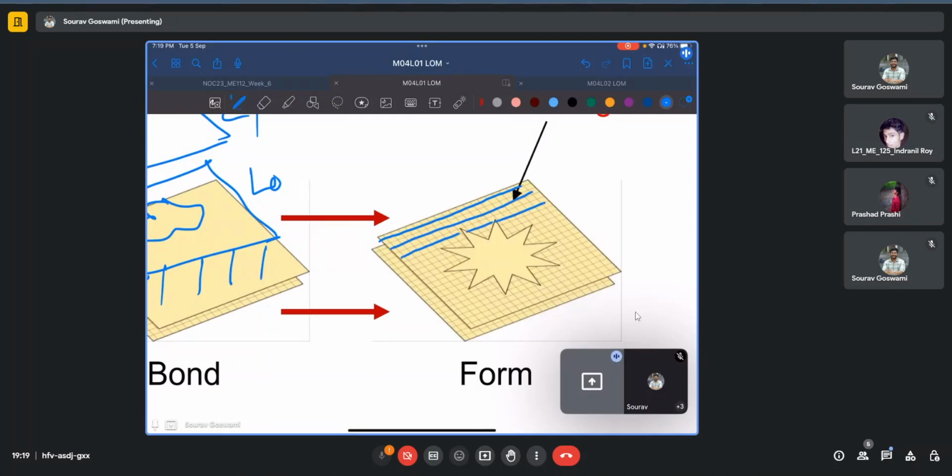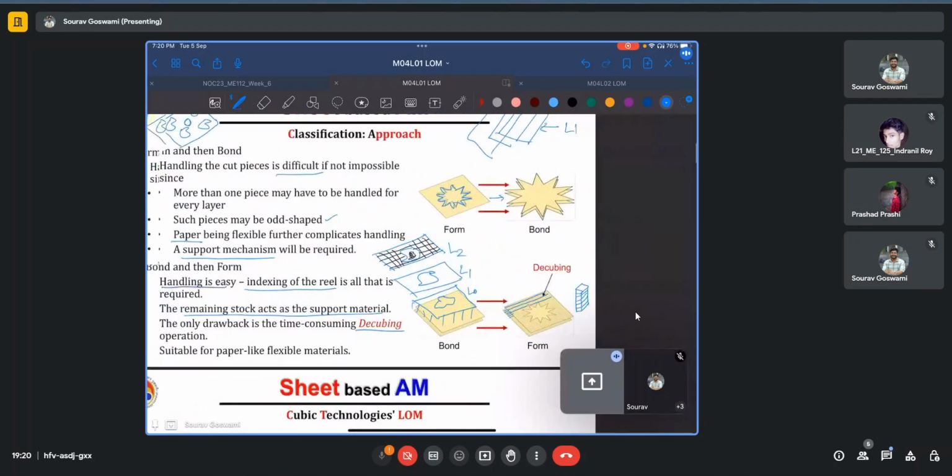Since you will have these grids in successive layers, you will end up having something like a cuboid in 3D space corresponding to each layer. Since you are bonding all of these layers first and then forming, you'll end up with a cuboid volume, which you will have to remove at the end.